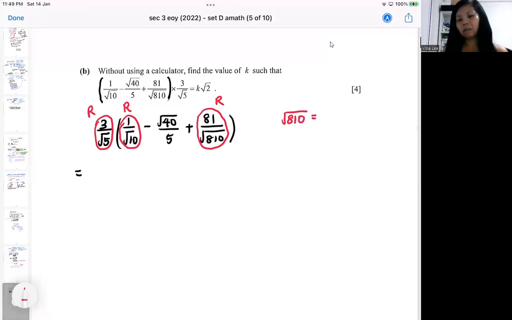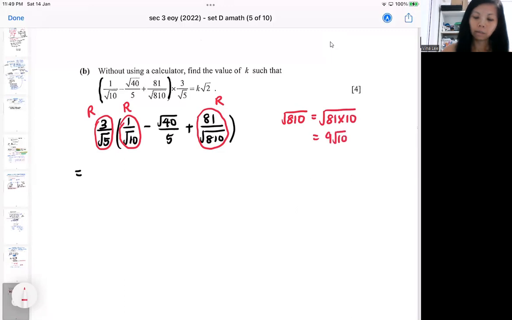You realize that the surd is very big, so you need to simplify your surd first. You simplify the denominator first, that will simplify the fraction, then you go for the rationalize.